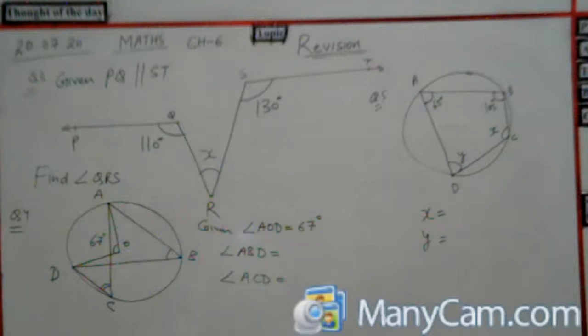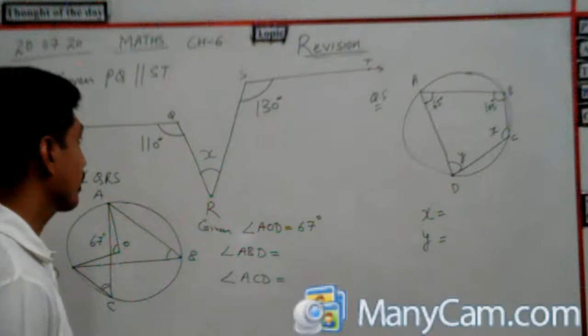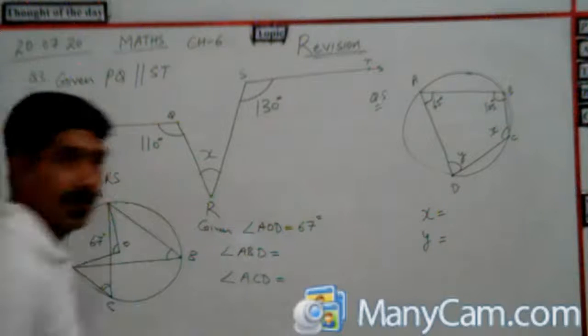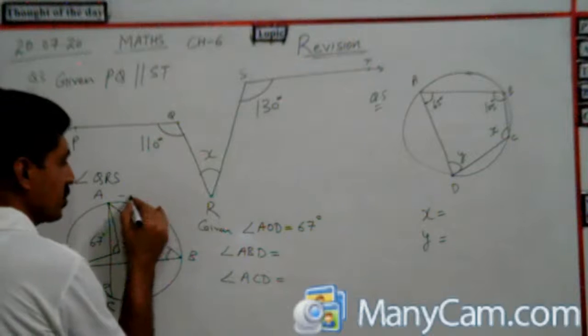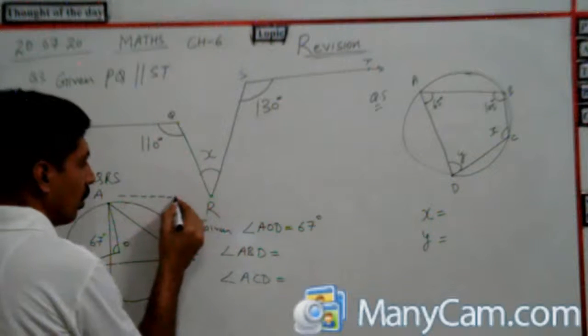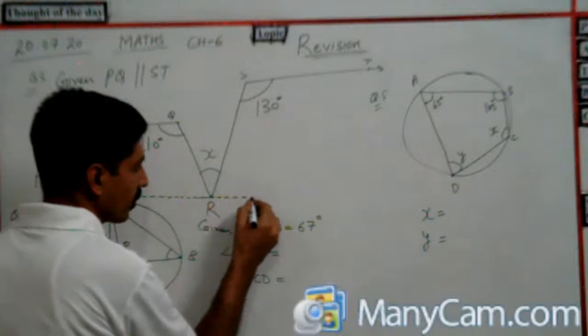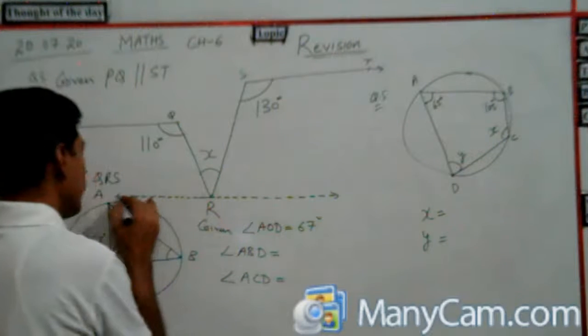Question number 3, question number 4, students are giving the answers from question number 3. These two lines are parallel. By construction, we can draw one line parallel through point R. I have given you a small hint.